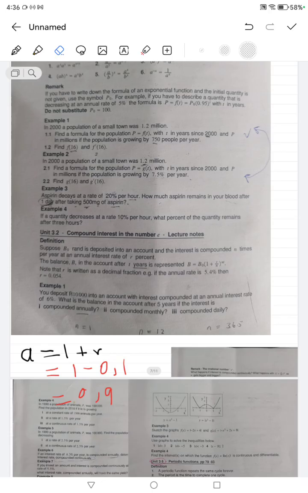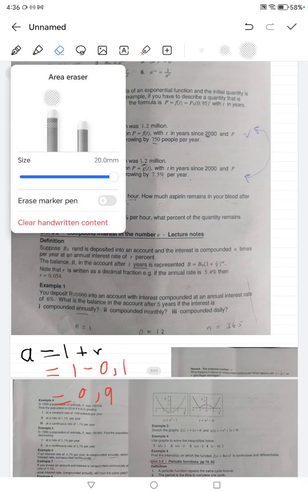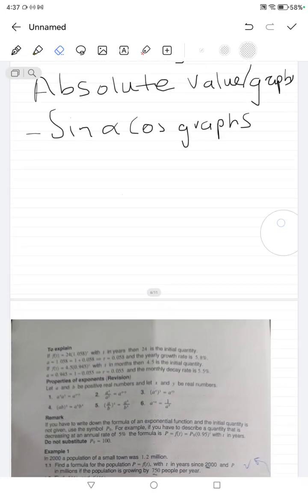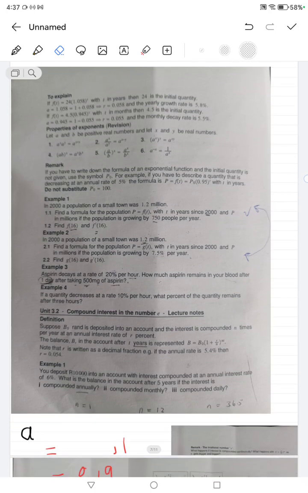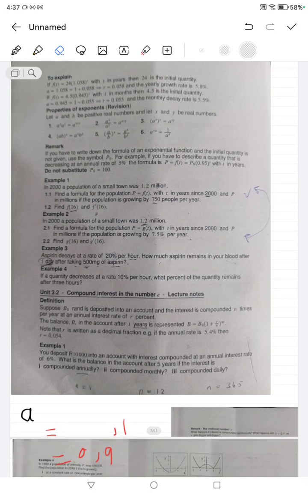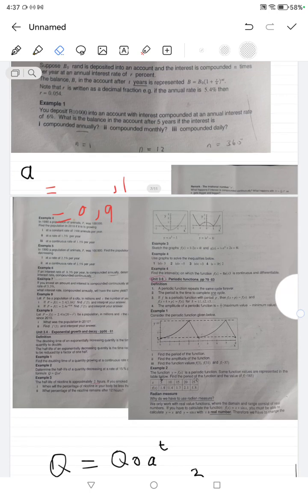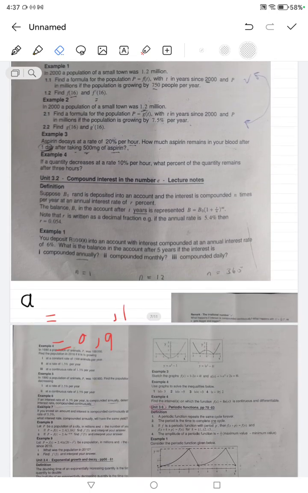annually, compounded monthly, daily. So annually, it's 1. Then monthly, you have 12 months. Then we have daily and we have quarterly. If they use quarterly, just know it's 4.